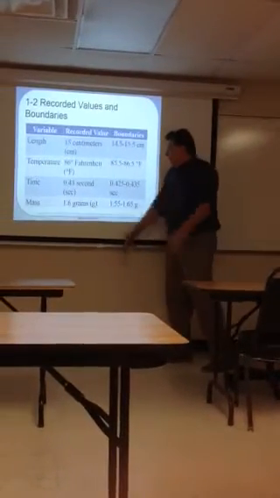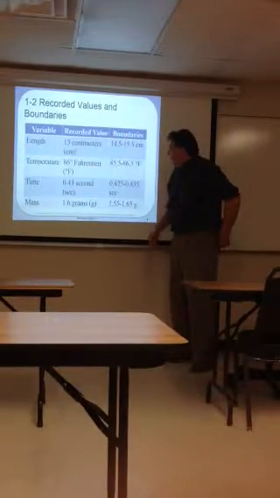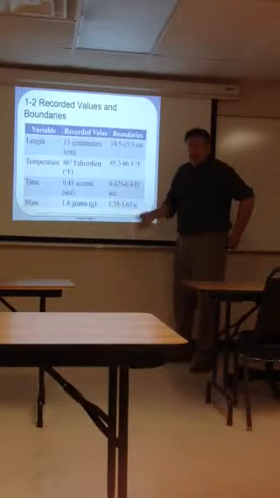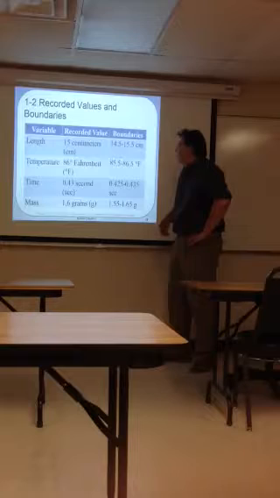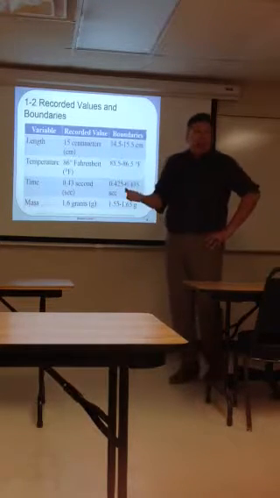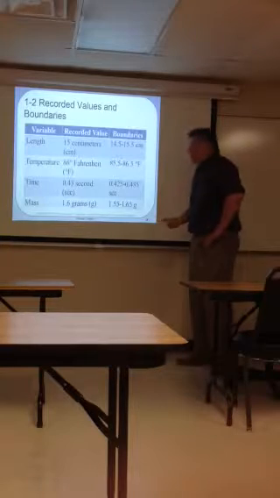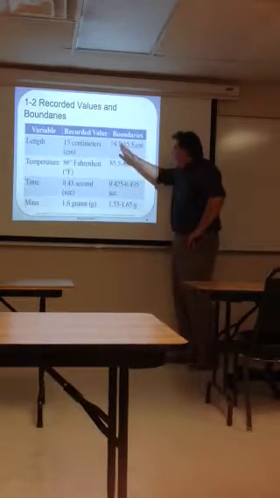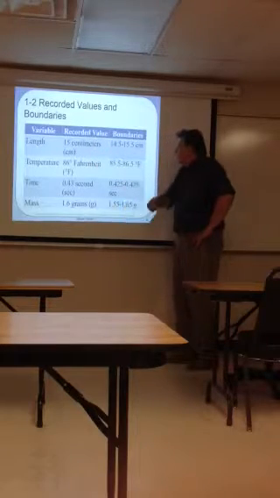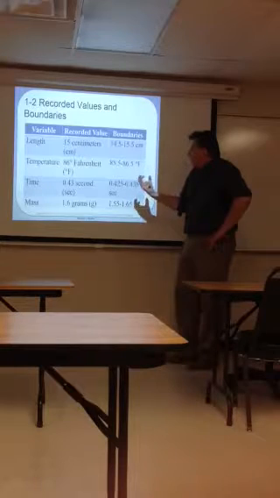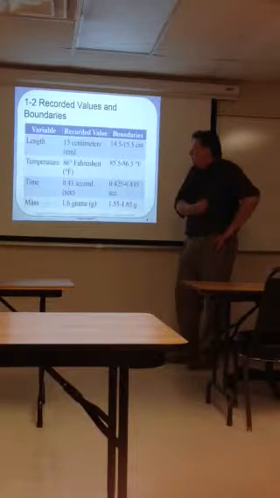Here are some variables. When we're dealing with variables, they can be all kinds of different types of variables. We have a recorded value. It's called raw data. Sometimes we want to put boundaries around these data. So, like this particular variable, we have a recorded value of 15 centimeters.